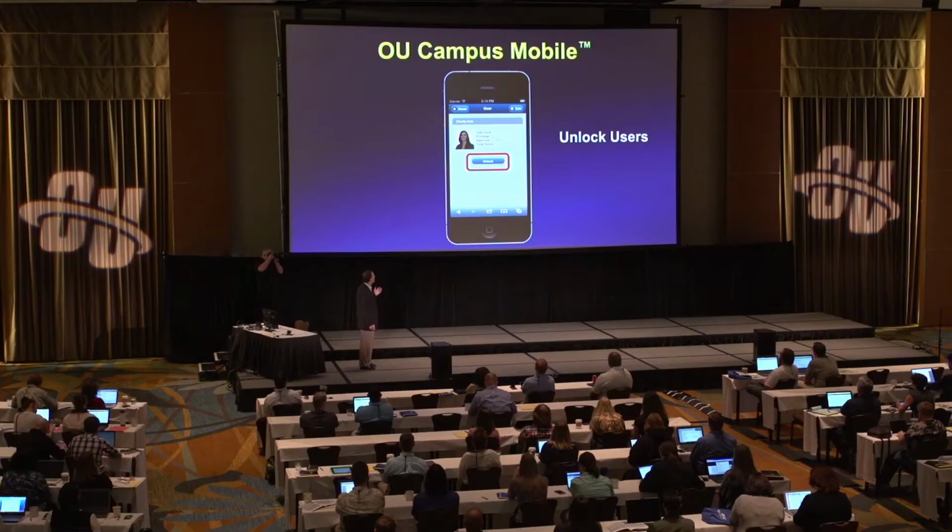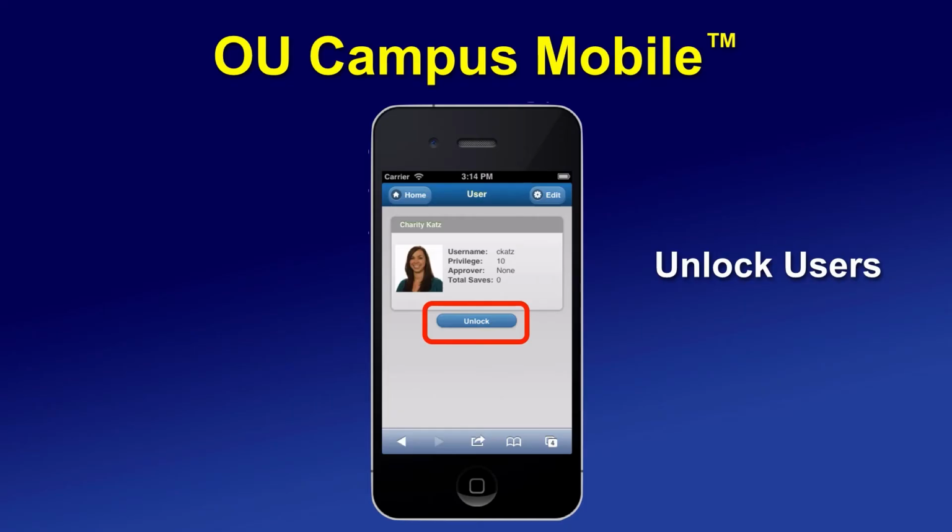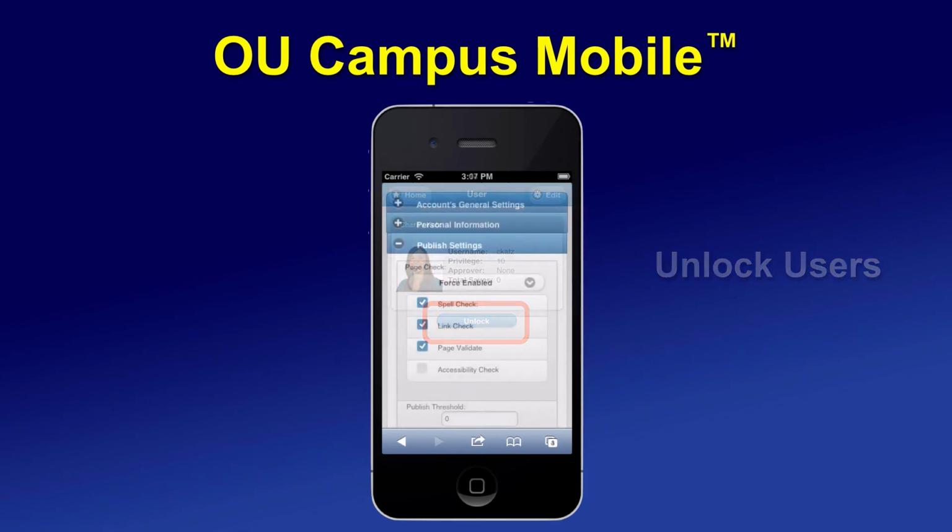And you can do things like unlock users, which is probably a more common request than you care to admit, as people forget their password too many times and lock themselves out of the system. But you can now do this wherever you might be. OU Campus Mobile is a great system. There's much, much more to it. But this is just one example of some of the things that are coming, and one that I think you're going to find really useful right away.